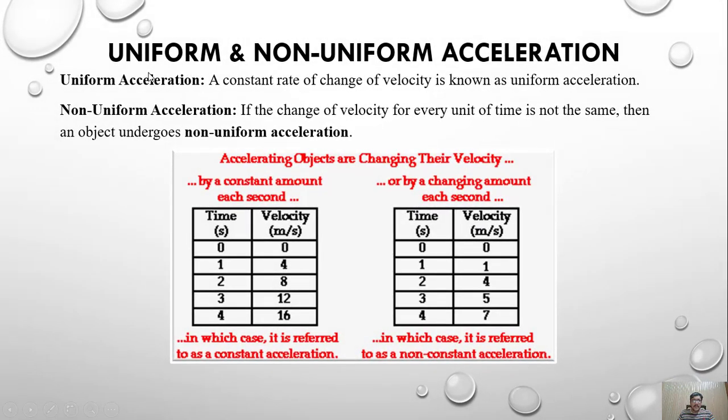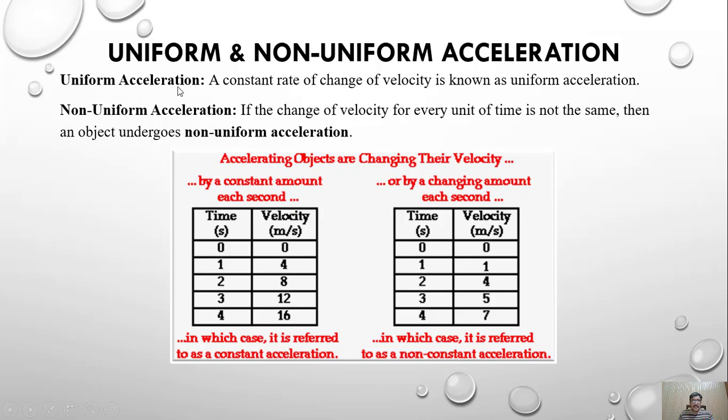Now we are going to discuss uniform and non-uniform acceleration. Before defining uniform acceleration and non-uniform acceleration, I will discuss uniform and non-uniform. The meaning of uniform is constant, there is no change, whereas non-uniform means there is some change, it is not constant.